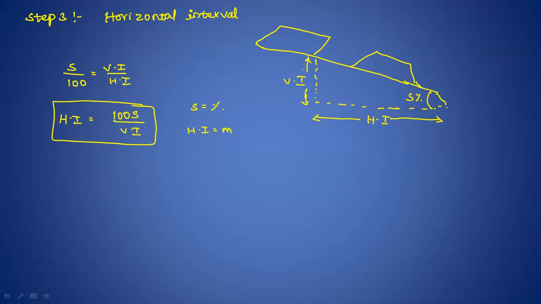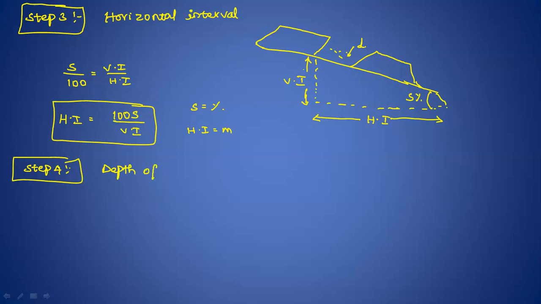So next, step 4. Step 4 is the depth of water impounding or water stored behind the bund. Consider this as a bund. We are going to find here the depth D. Water is stored behind this bund. So step number 4 is depth of water impounding, or water stored behind the bund.